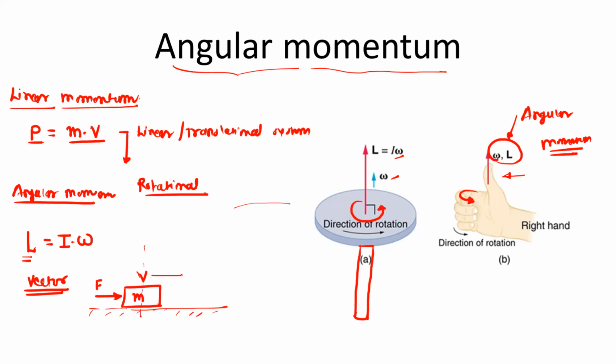The direction of v is along the force vector f, and the same direction applies for the linear momentum, p is equal to m into v. The same concept is applied for the angular momentum. This is the direction of the angular velocity omega, so you get the vector omega, and it is the same vector for the angular momentum, which is L is equal to I omega.